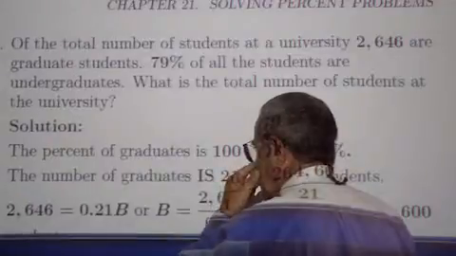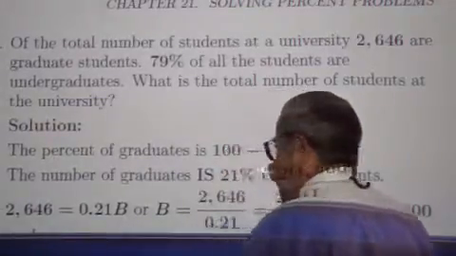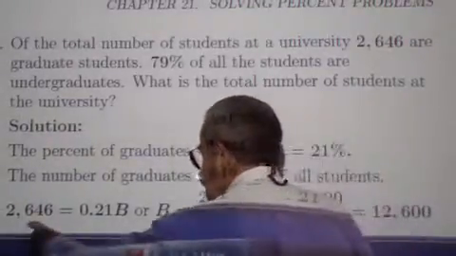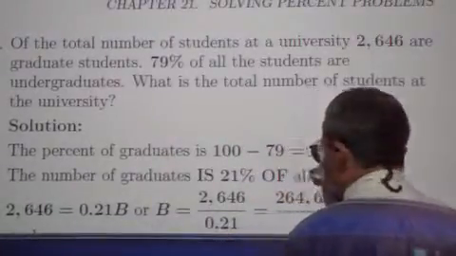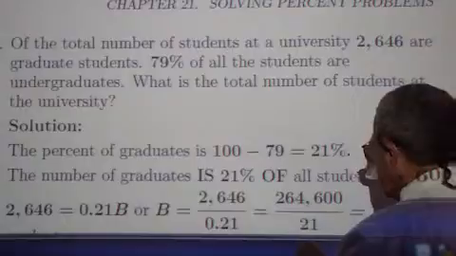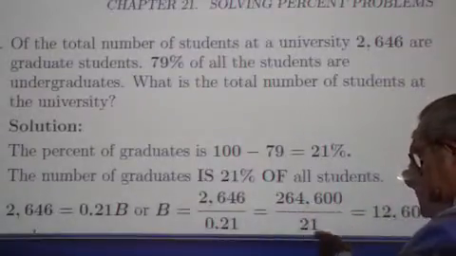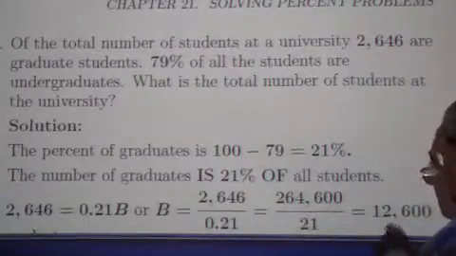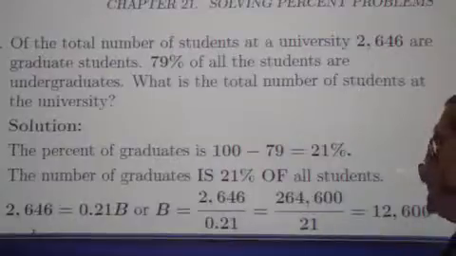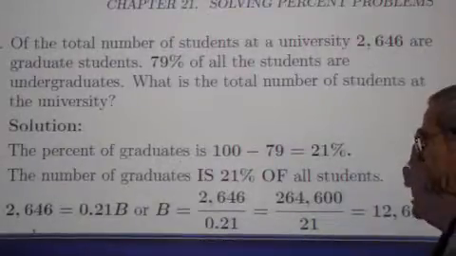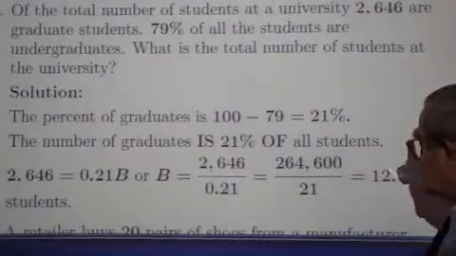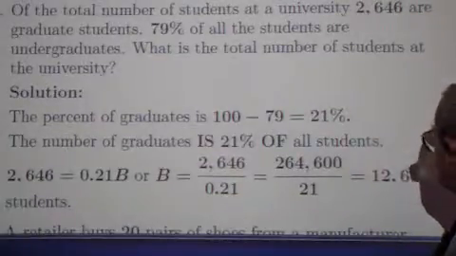The number of graduates is 2,646. Divide both sides by 0.21. Multiply by 100 over 100. That's 264,600 over 21, which looks like 12,600. And that should be the total number of students at the university.